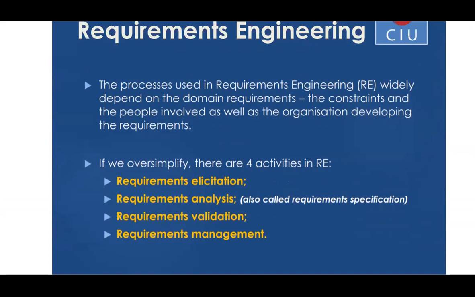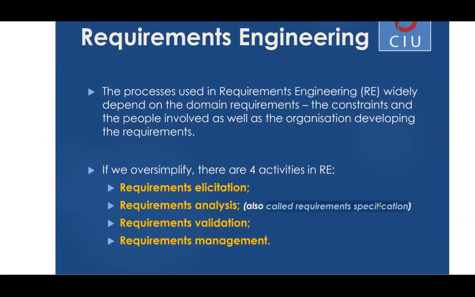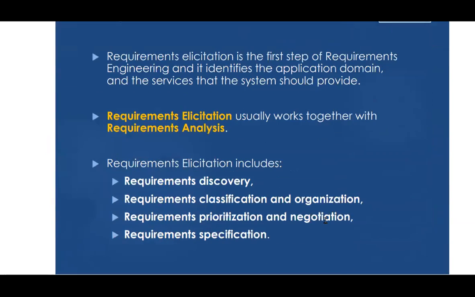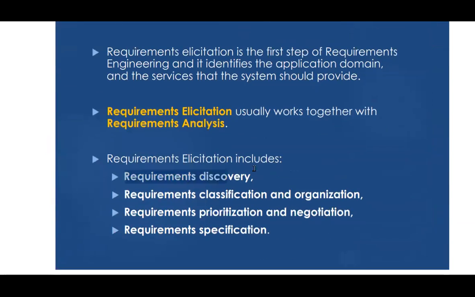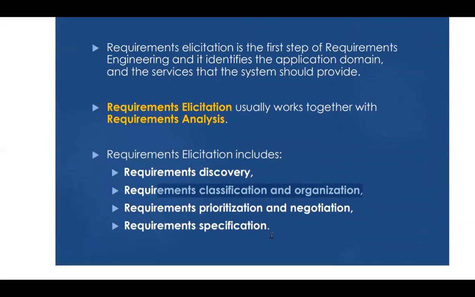So requirements elicitation is followed by the activity of analysis, where requirements specification will also take place. Requirements discovery, requirements classification and organization, and prioritizing and negotiating some of these requirements are steps that can be included inside the elicitation phase.